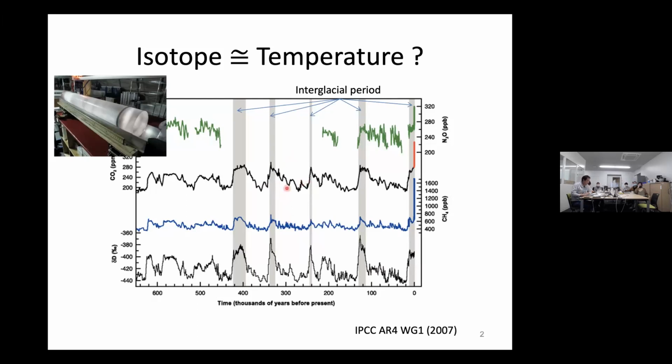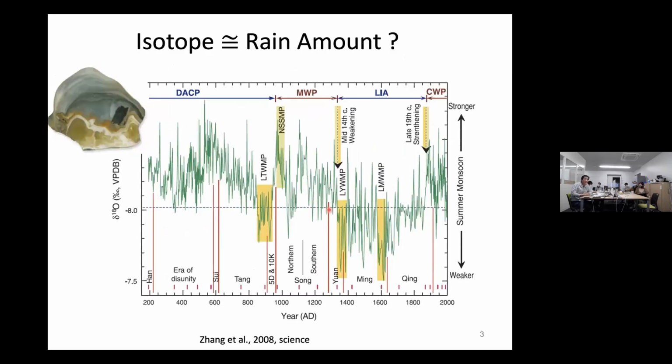It is most popular, I guess, for people to use isotopes as a temperature proxy. For example, Antarctic ice core delta D is almost directly converted into temperature, and of course there is some uncertainty, so there are studies on that. Then some people use isotopes as a rain amount proxy. This study is also a little bit old, but it uses speleothem in China, with O18 from calcite.